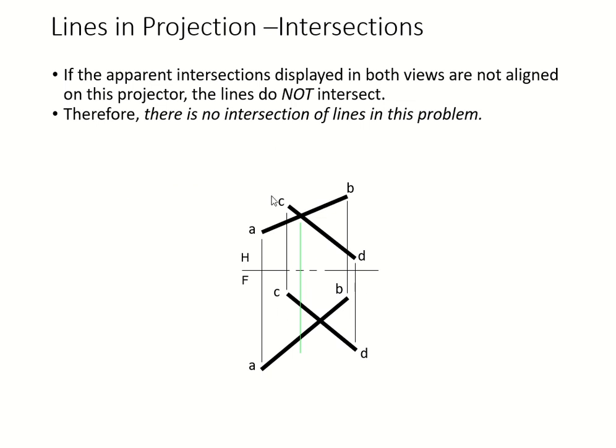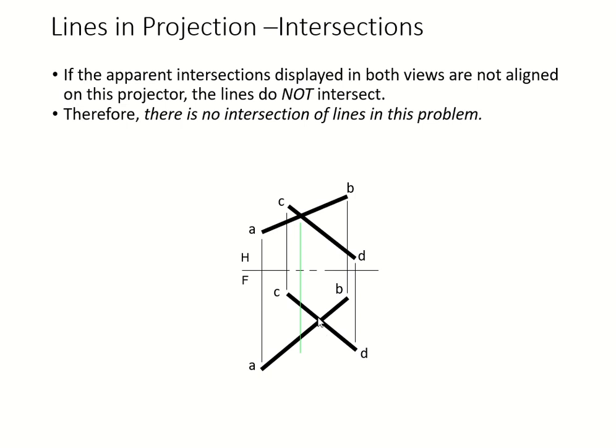By observing the two given views, we do the same thing with projectors. The only new thing you have to learn here is that we draw the projector out of the crossover from one view and see if it aligns with the crossover in the other adjacent view. If they're aligned to each other, then you have the intersection.